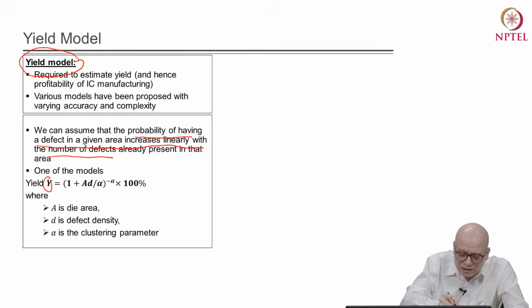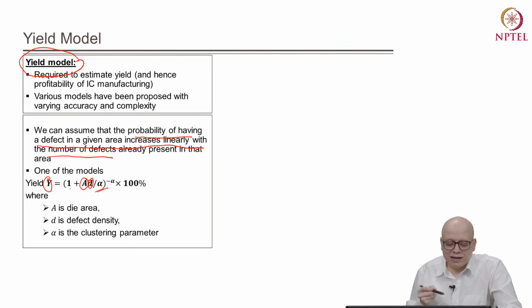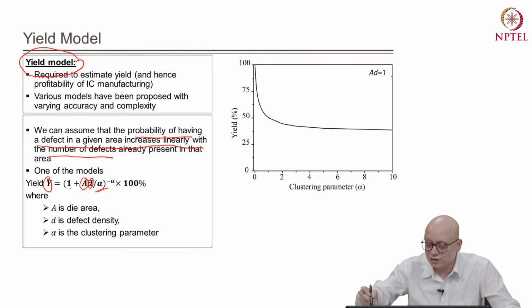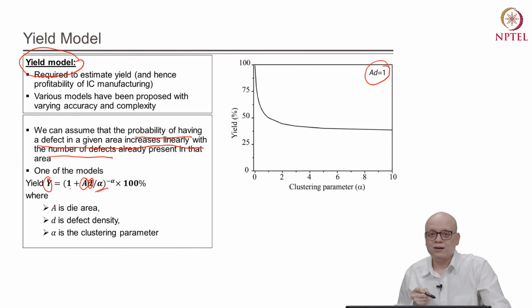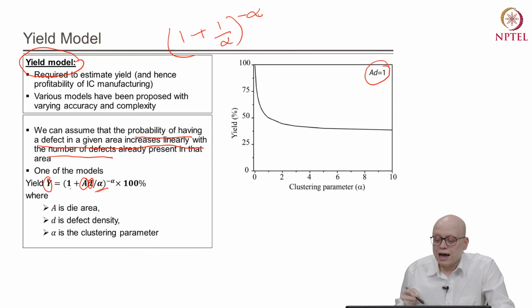Yield Y is equal to (1 + AD/alpha) raised to the power minus alpha, where A is the area of the die, D is the defect density, and alpha is the clustering parameter. Now, let us understand how this yield changes with clustering. To do that, we assume that AD is equal to 1, just for the sake of understanding this equation. Then this equation boils down to (1 + 1/alpha) raised to the power minus alpha, and if we plot this equation, we will get this curve.